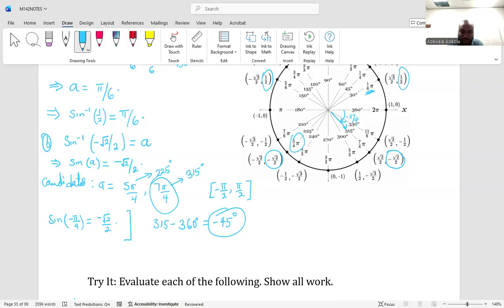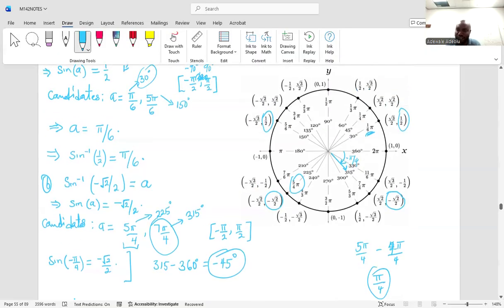If I did the same to this, 5 pi over 4 minus 2 pi, let's see what we have. That would be pi over 4. But for pi over 4, it is root 2 over 2. It is not negative. So that is why this is my guy. I just need to find a coterminal angle with this guy, and it is negative 45 degrees.